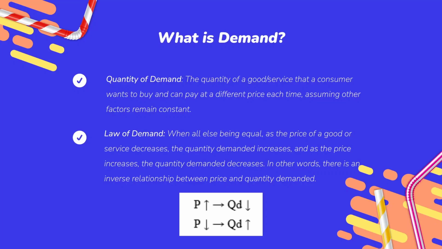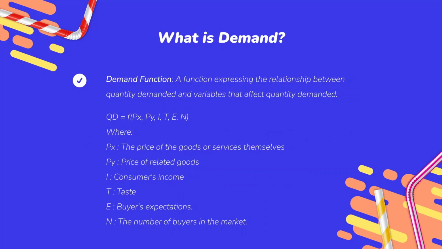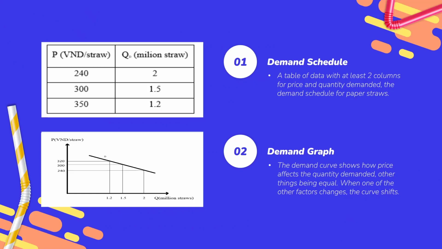The law of demand: there is an inverse relationship between price and quantity demanded. The demand function is QD = f(Px, Y, I, C, E, N). There are two ways to represent this: the demand schedule and the demand graph.